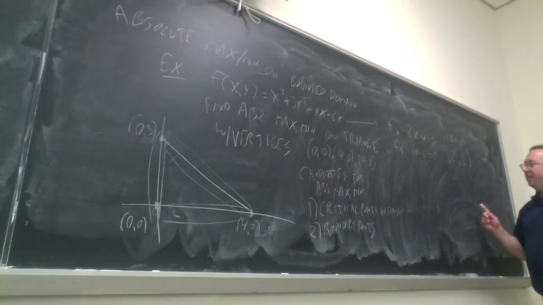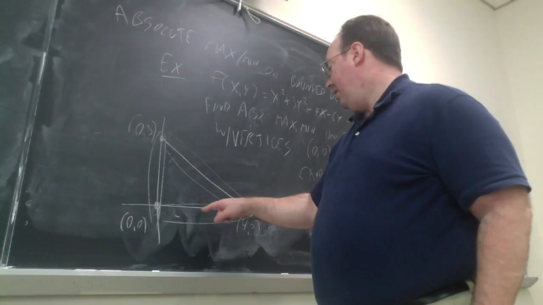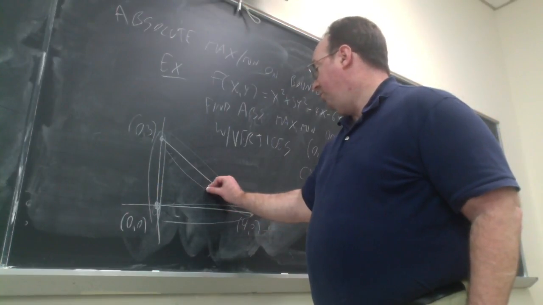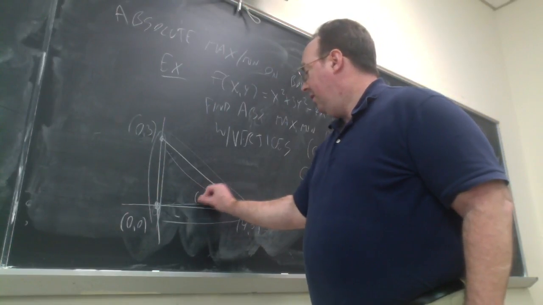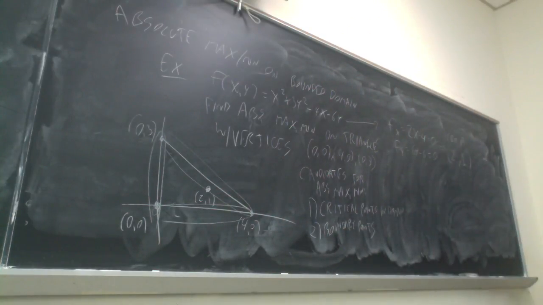And if you check, if I were to plot that point here, x is 2, y is 1, it is in fact inside the triangle. So it is a candidate for an absolute max and min.